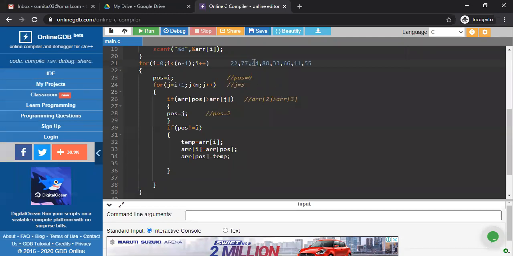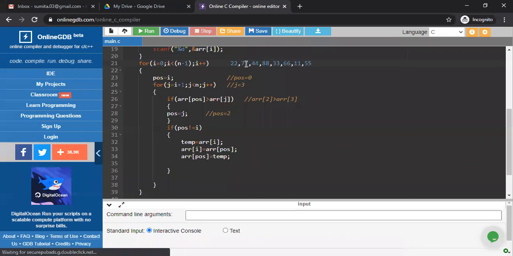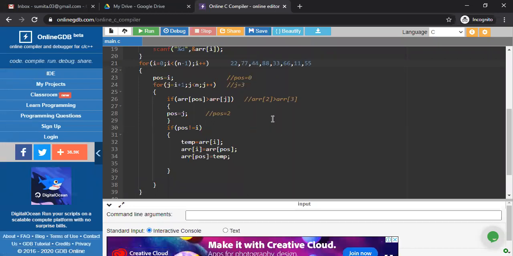Now see again, 77 is greater than 44. So again position value is overwritten with 3, and obviously 3 is not equal to 0. That's why swapping is done. So now 44 is there and 77 is there.